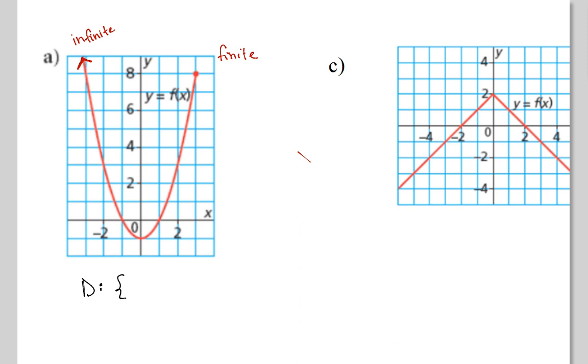Okay, so what's happening for the x? Are all the x values to the left of 2 or to the right of 2? So here's 2, and all the x values are what? There's nothing to the right of 2. You see that? There's nothing over on the right side.